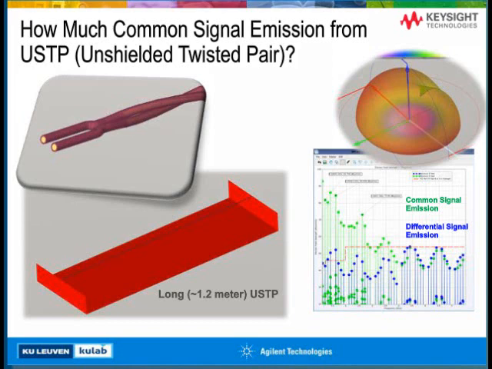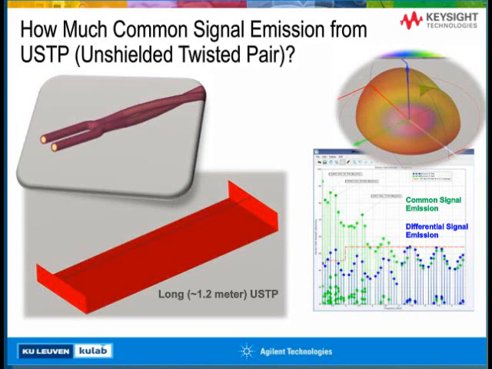So the analysis was done by putting the differential and the common mode signals on the cable, and calculating the emission level and comparing it to the EMI limits. As you can see, the green trace is the emission level with the common signal, and the differential signal is the blue trace.